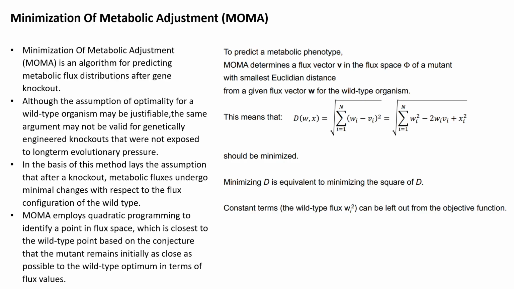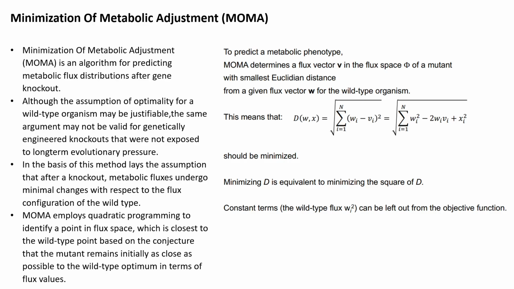So the edges that were flowing from one metabolite to another, the reactions that the different metabolites are involved in, the maximum part of that should be conserved. That is the whole idea of minimization of metabolic adjustment.